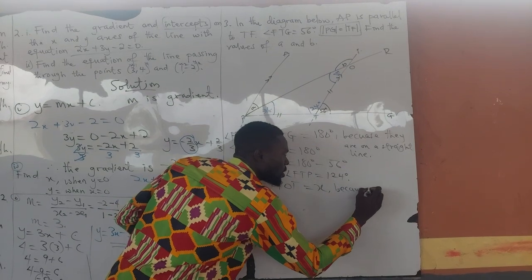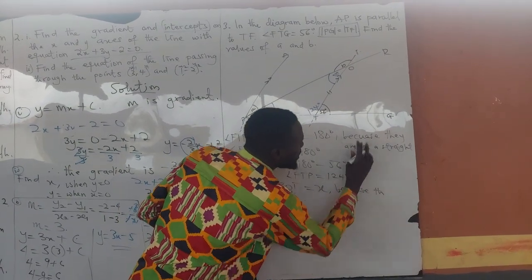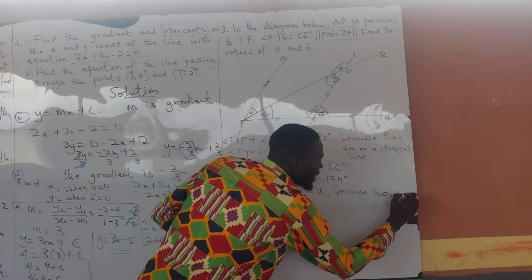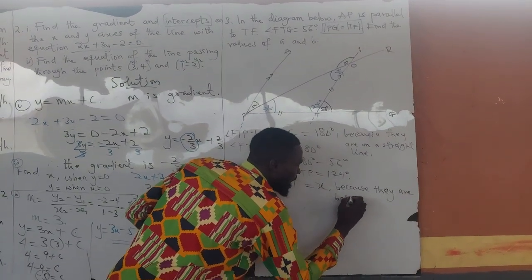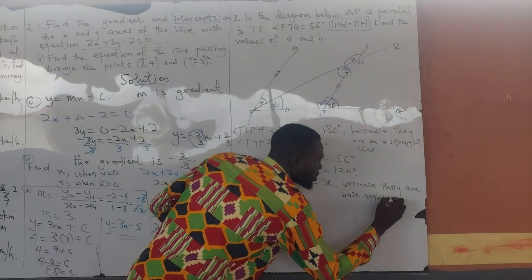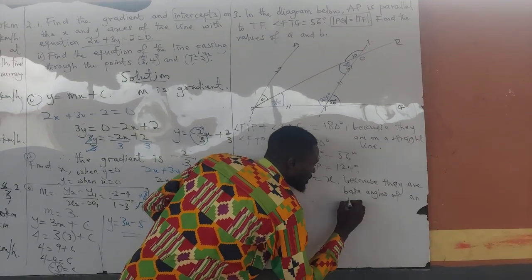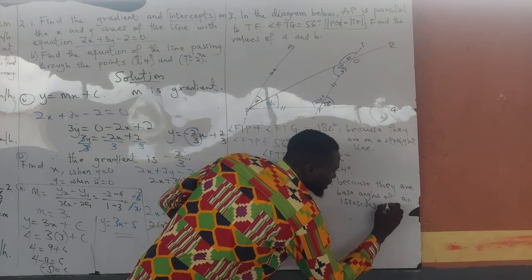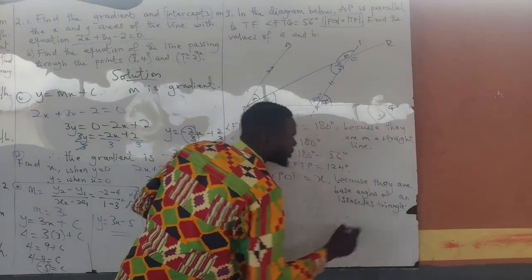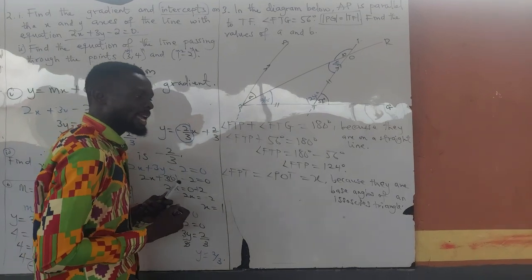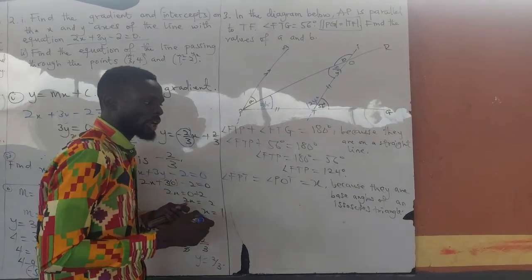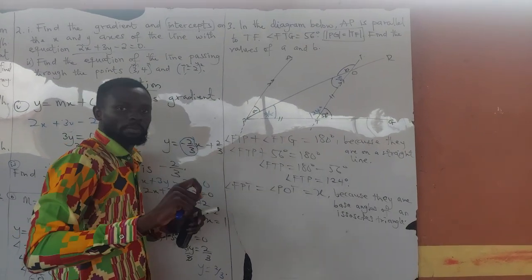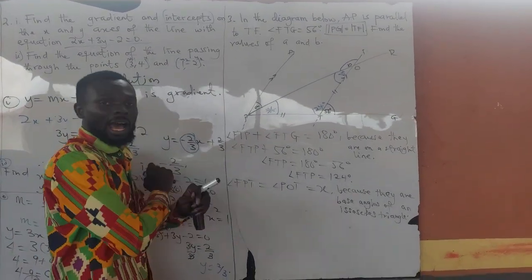Because they are base angles of an isosceles triangle, and base angles of an isosceles triangle are the same.